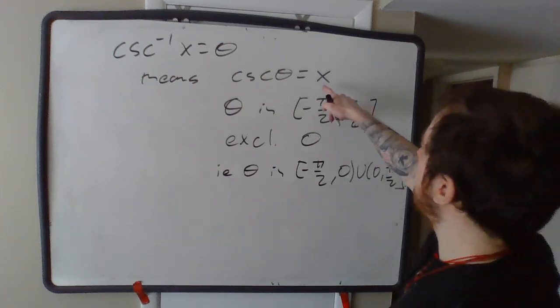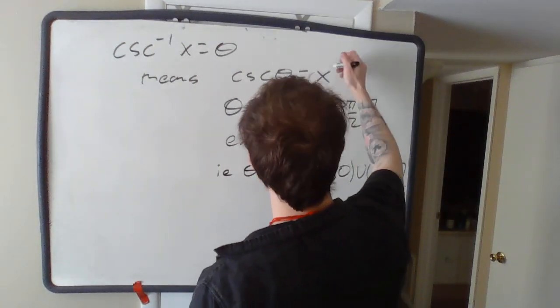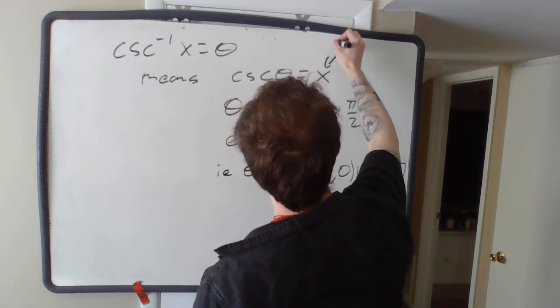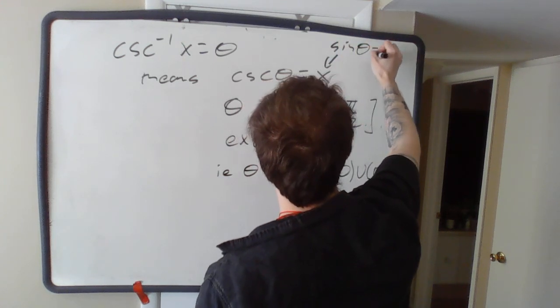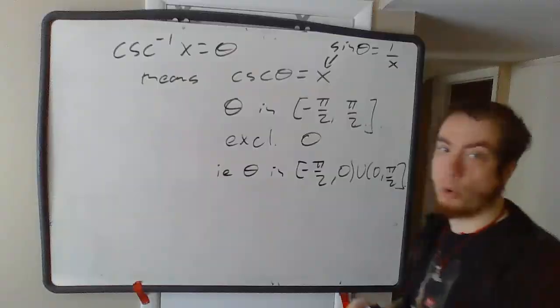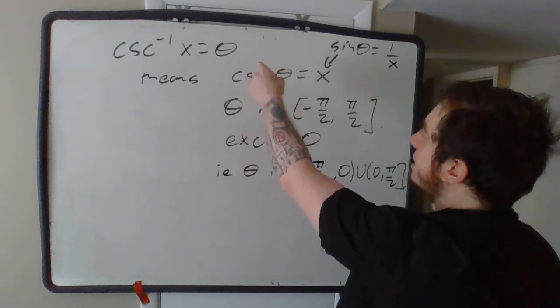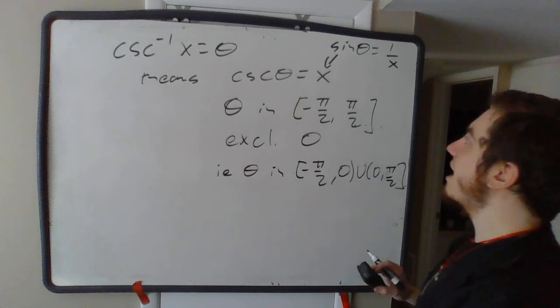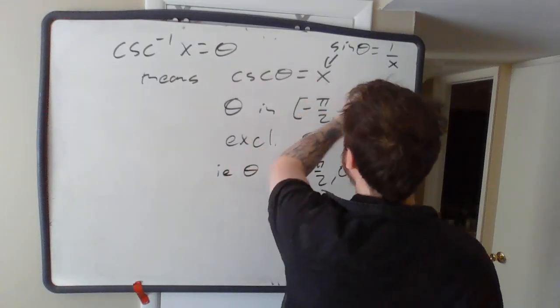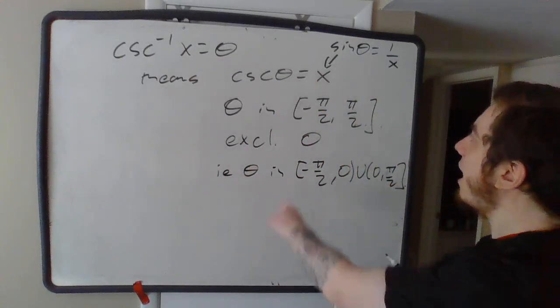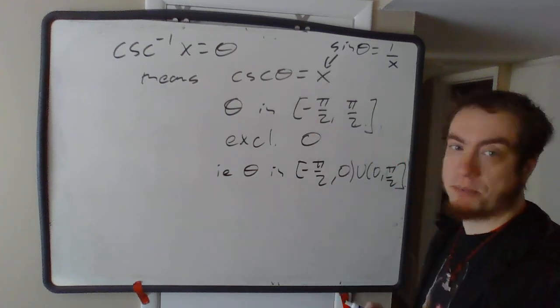Now, notice that another way of thinking of cosecant theta being equal to x is that this means that the sine of theta is equal to 1 over x. So in other words, there's this nice relationship here. Now, how can you use that fact to help you out?